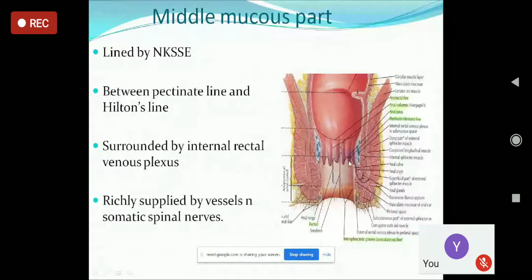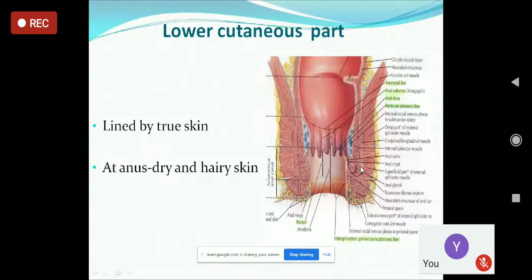It is lined by non-keratinized stratified squamous epithelium. It lies between the pectinate line and Hilton's line. It is surrounded by the internal rectal venous plexus, so it is richly supplied by vessels and somatic nerves.